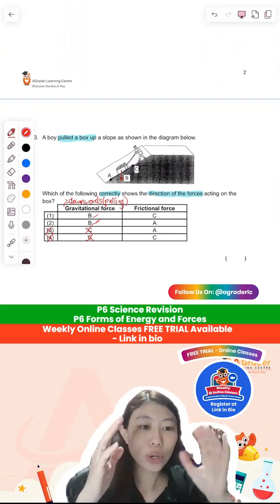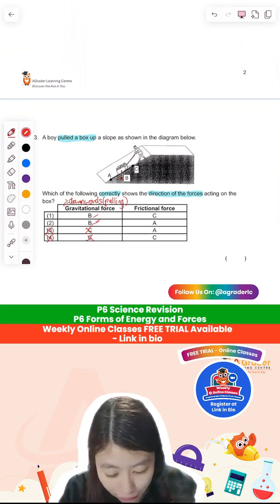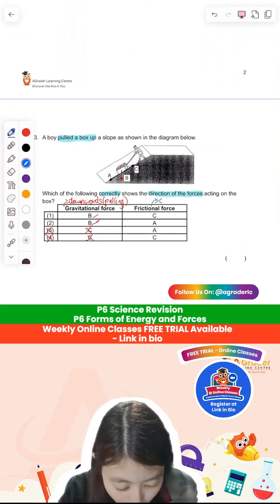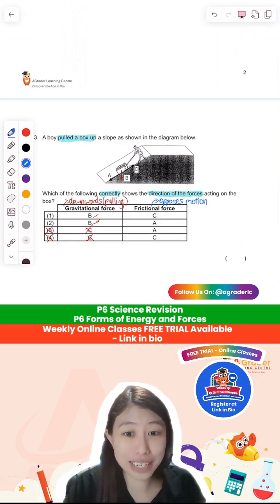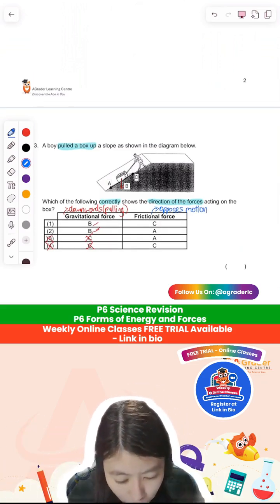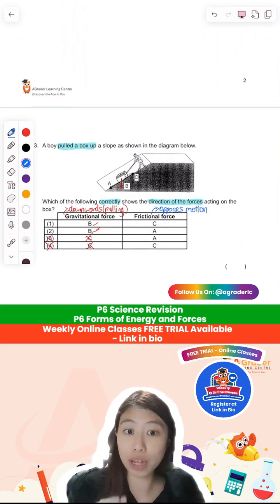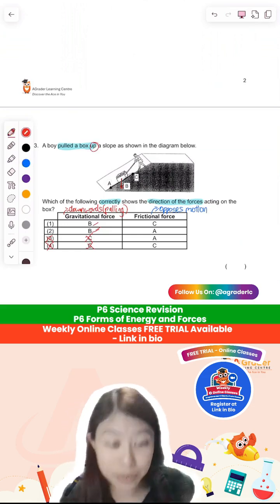So everybody, take note: frictional force is a force that opposes motion. Opposes motion basically means that it goes against your direction of motion. So which direction is the boy here moving? The boy is pulling the box up a slope.